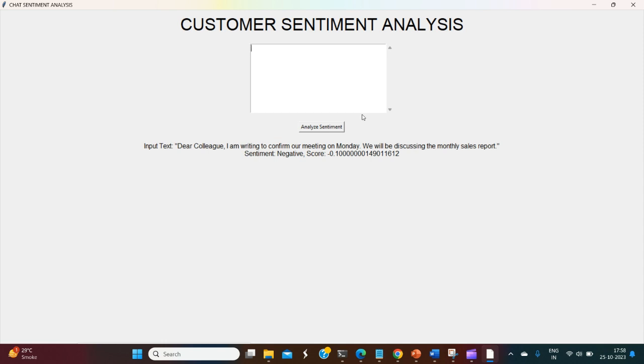So the second line tends to be a little bit negative, and that's why the result tends slightly negative. It could have been 0.0, but because of the stress and work pressure that the line depicts, as per the training data, it tends slightly toward negative.